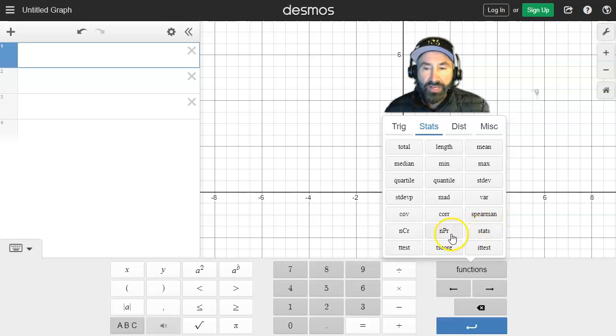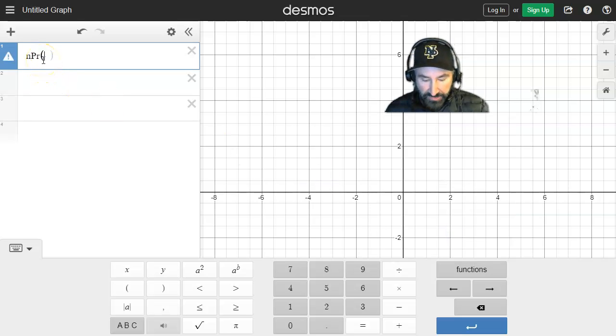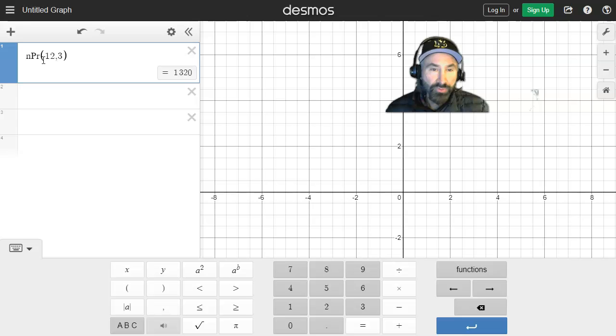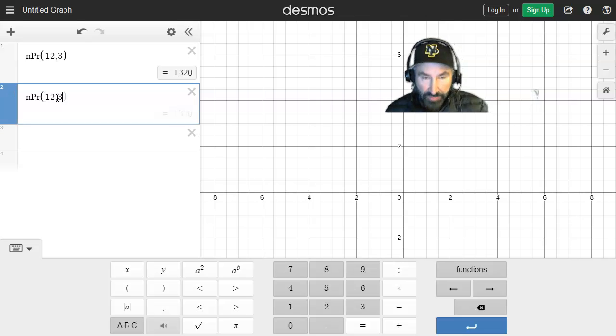So I could press this button, and then I could say 12 comma 3, and it will calculate the result for me. Yay! Also, I can just type it. I can type lowercase n, uppercase P, lowercase r, and then 12 comma 3, and Desmos is perfectly fine with that as well.